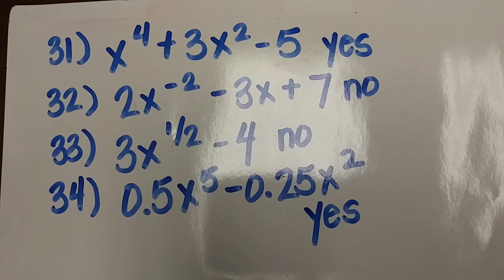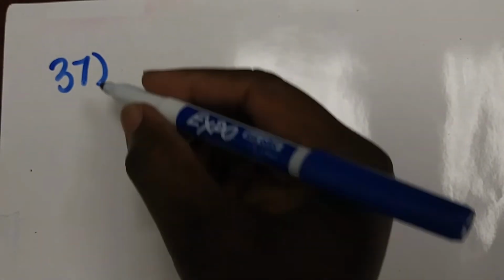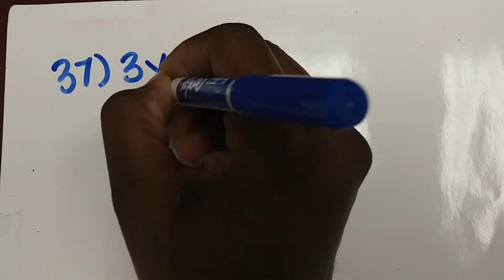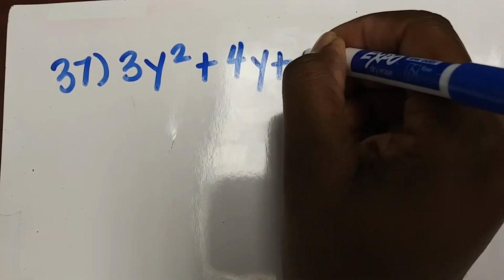Look at number 37. It says classify each polynomial as a monomial, a binomial, a trinomial, or none of these. Number 37, I have 3y squared plus 4y plus 3.